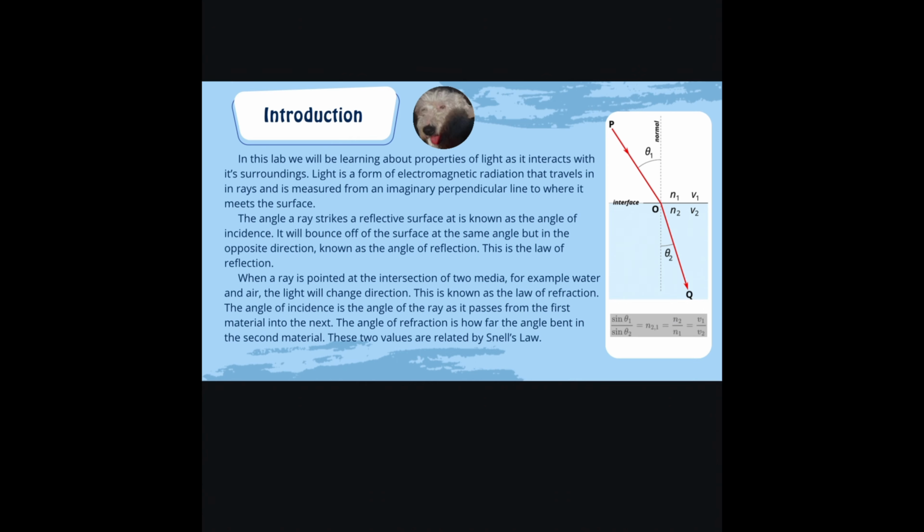We will use the law of reflection in order to measure the percent differences between the incident and reflected angles of three different surfaces: a plane surface, or a 180-degree surface, a concave surface, and a convex surface. For the second part of the lab, we will use Snell's law to compute the refraction index of an acrylic prism that we have within our materials.